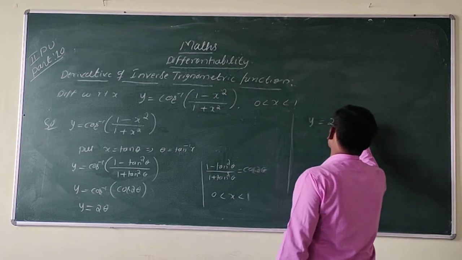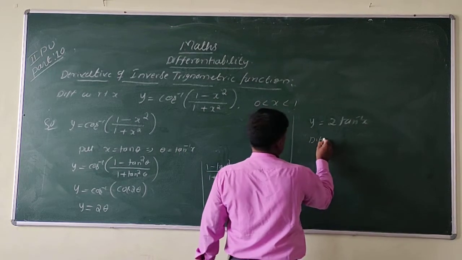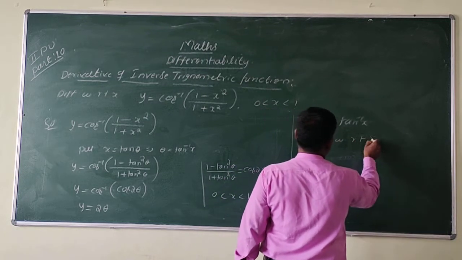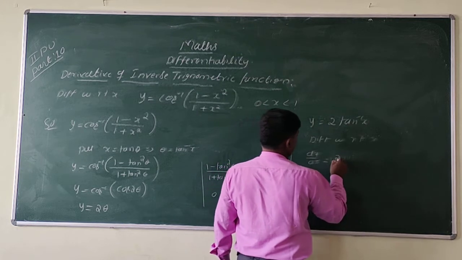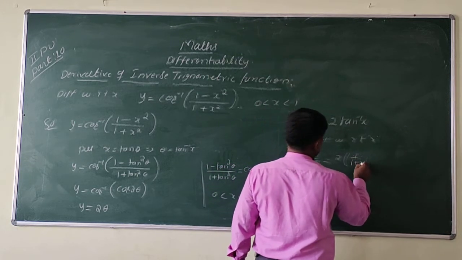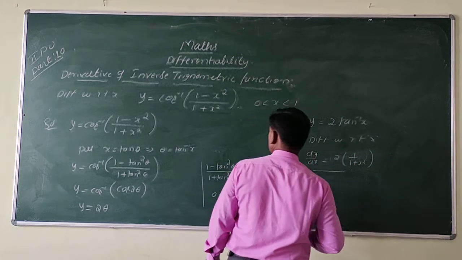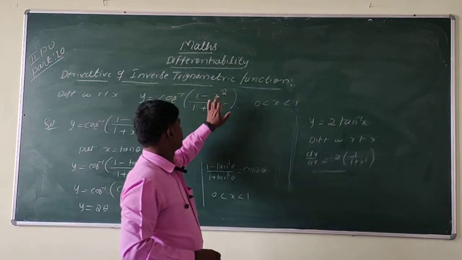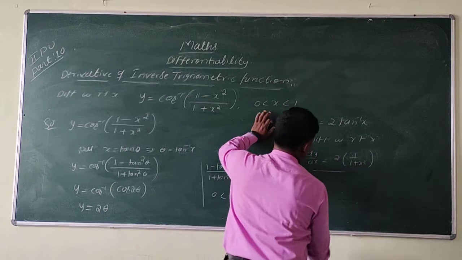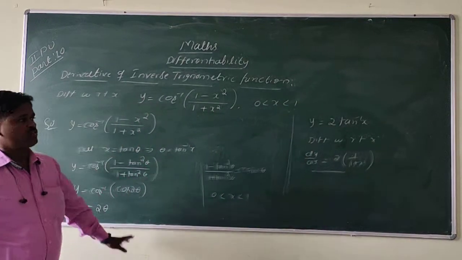Now we differentiate with respect to x. That is, dy by dx is equal to 2 into 1 by 1 plus x square. So the derivative of y is equal to cos inverse of 1 minus x square divided by 1 plus x square is 2 into 1 by 1 plus x square.